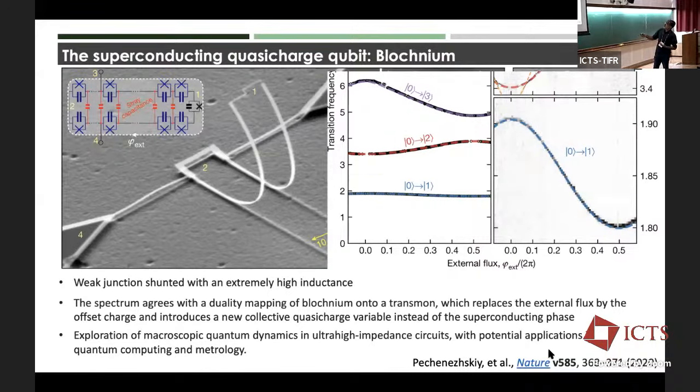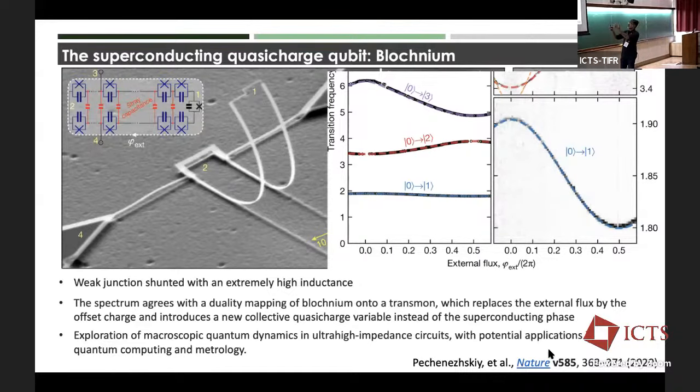But here is the spectrum. These are the 0-1, 0-2, and 0-3 transitions as a function of external flux, and they look flat. Typically, if you have a superconducting loop and you apply flux into it, you will get a very strong change in the properties. Here it looks flat because it's the analog of doing the same thing for the charge with the transmon qubit. It's not completely flat. You can see in the zoom-in that it's small, but much smaller than the difference between the transitions.